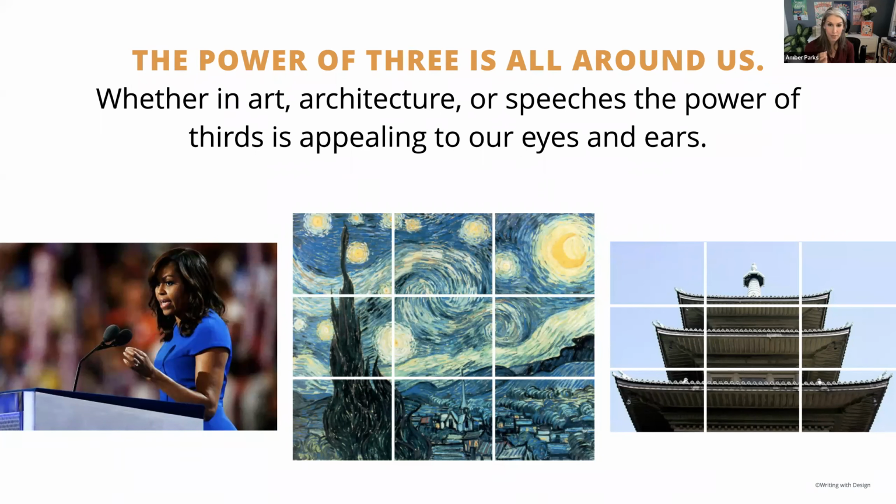If we take a look at the very famous Starry Night painting, if we divide it into thirds, we see that there's this really neat kind of heaviness in one area, and then it's unbalanced, but somehow it's balanced because of the unbalanced, the 1s and the 3s and the 5s and all of those odd pieces all come together to make that painting something that really draws us in. And the same kind of thing with architecture. So whether it's 3 different tiers, or it's just the way that the building lays out in this dynamic symmetry model, then it is pleasing to our eyes.